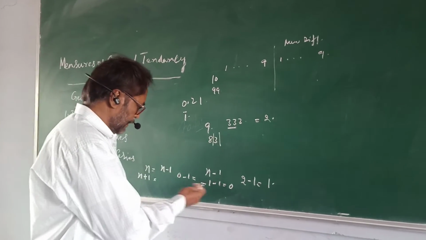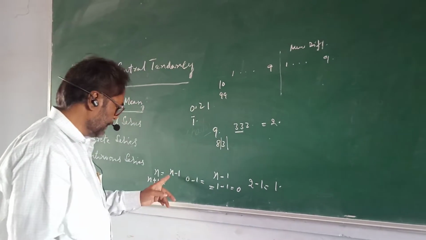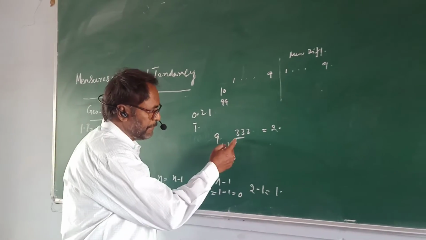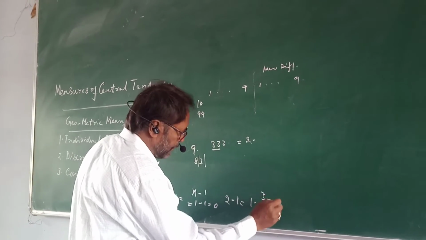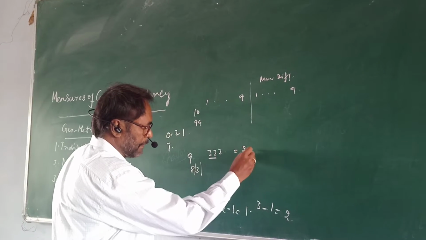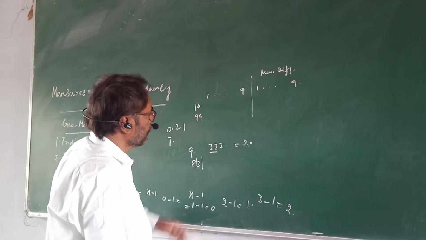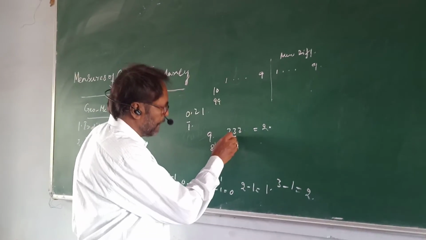I have already explained that it is n minus 1. So how many values are there? 1, 2, 3. 3 minus 1 will become 2. Now you have to write 2, then a point here. Then you go through the logarithm tables and take the first two values.